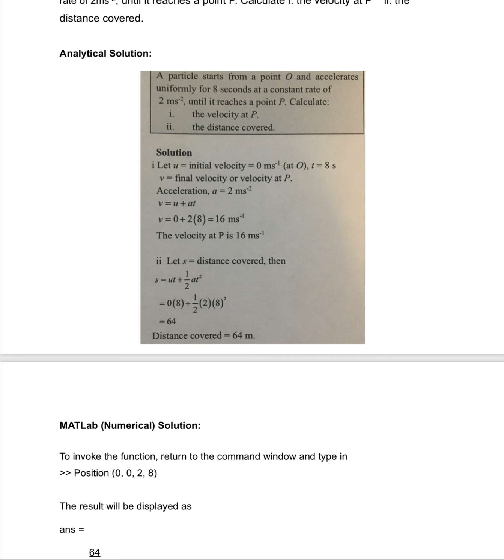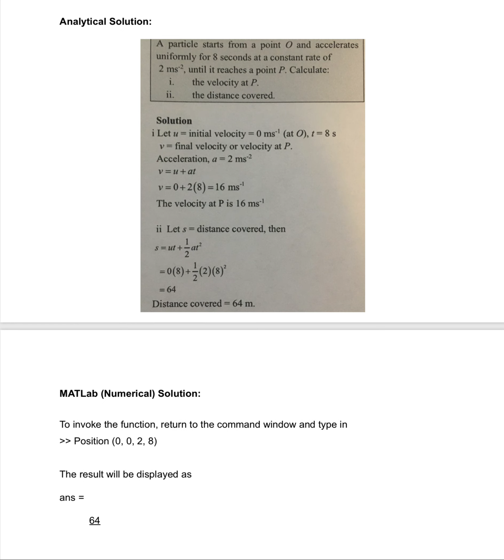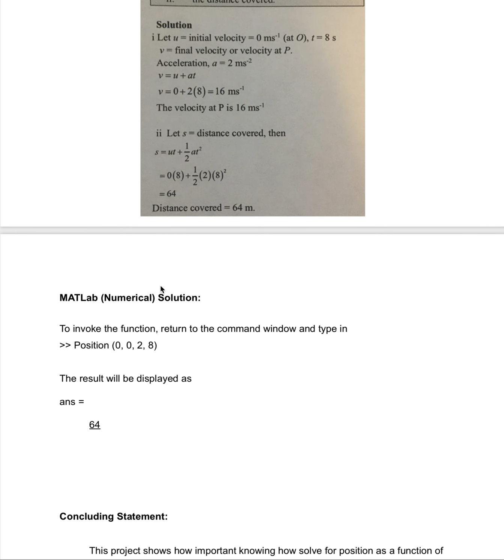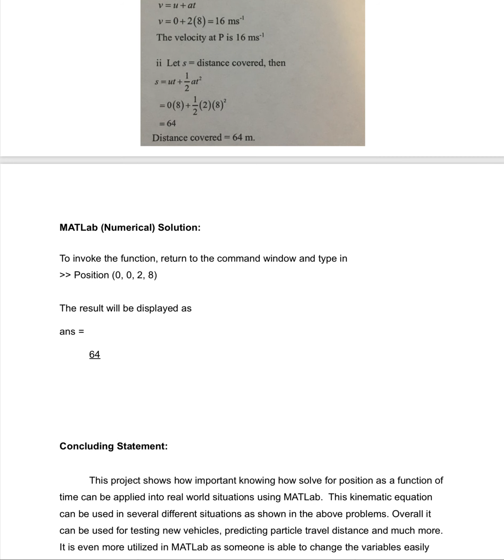In this, you let u be the initial velocity, t being 8 seconds, v the final velocity at B, and a the acceleration. First, you solve for the first part, and then you solve for the second part, which is 64 meters. Or you can just plug in 0, 0, 2, and 8 and get 64.